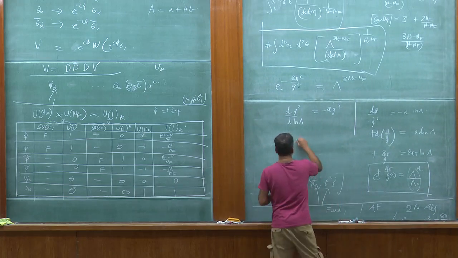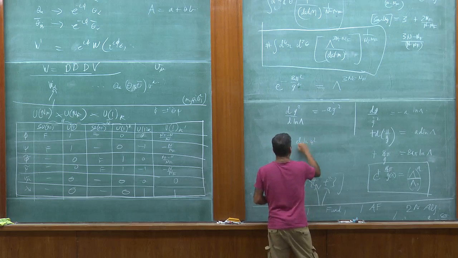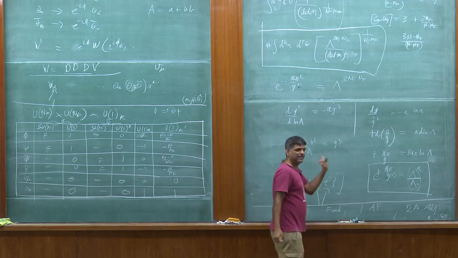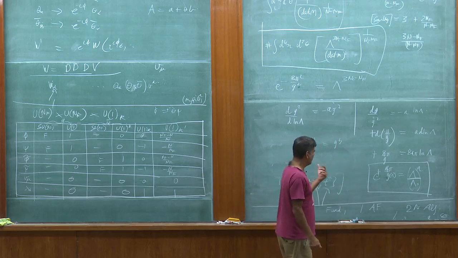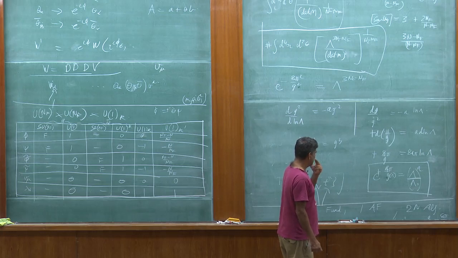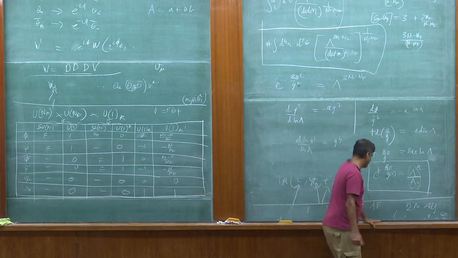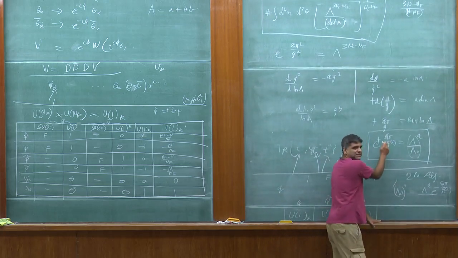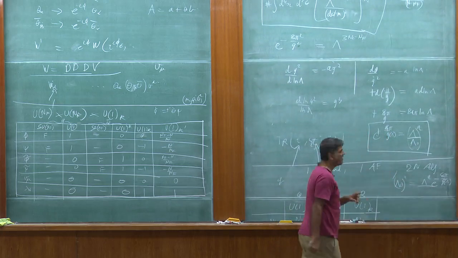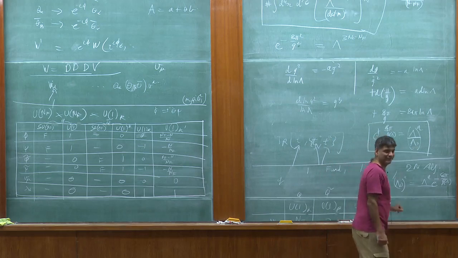Is the right relation d log g square by d log lambda equal to g to the 4? Is the beta function in terms of g square? Grant me that this should actually have been a g square.